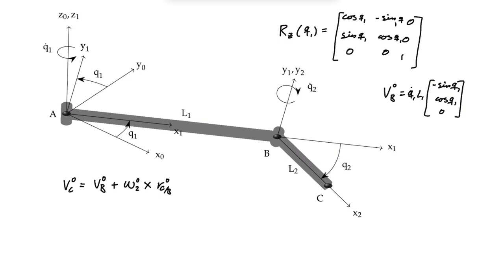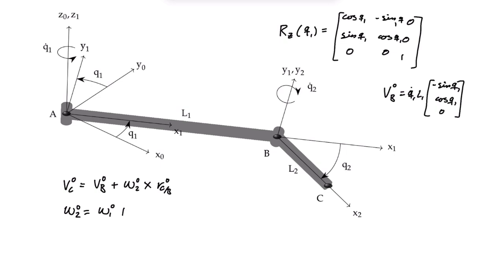Now the omega 2 viewed from the reference frame 0 should be equal to this speed plus this angular speed. So if we write that down, omega 2 is equal to the omega 1 speed viewed from reference frame 1, which is this one. It's just Q1 dot.